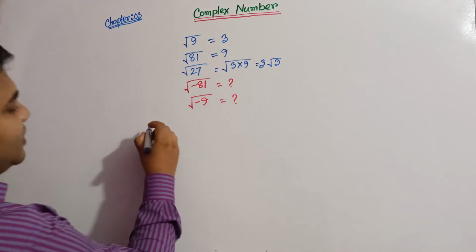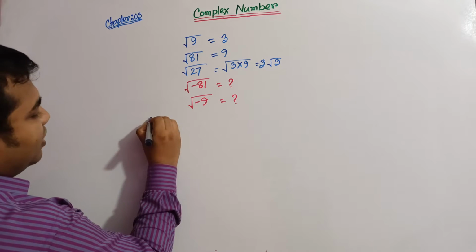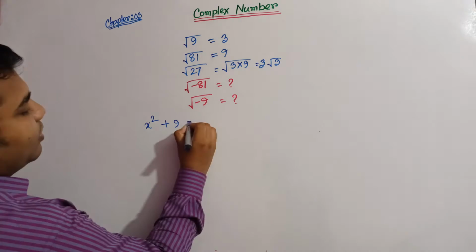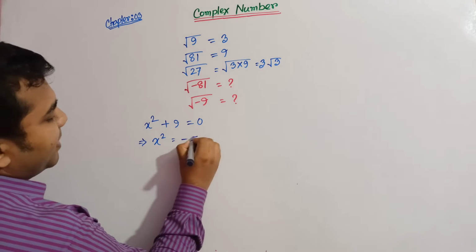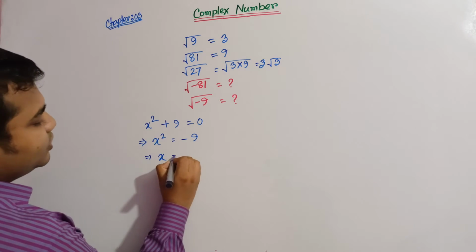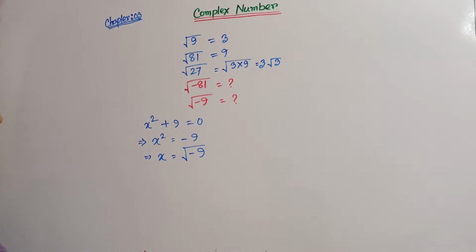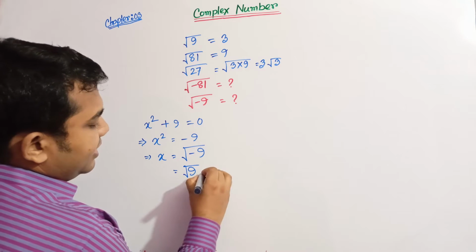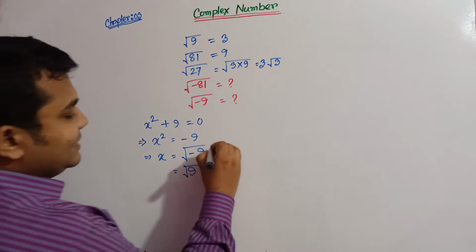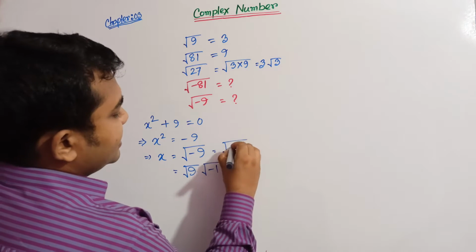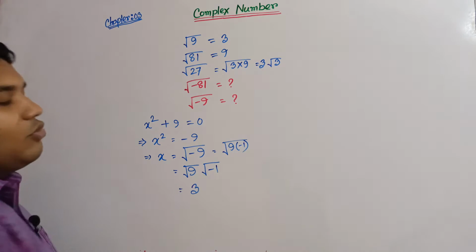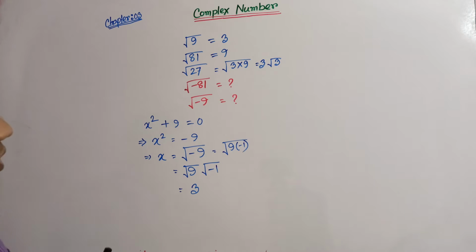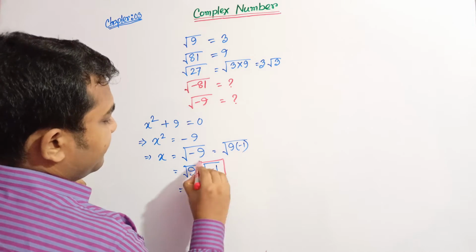So if I ask you to solve x square plus 9 equals 0, then you may say yes, x squared should be minus 9, then x should be root over minus 9, and that is root over 9 into root over minus 1, since we can write minus 9 as 9 into minus 1, and from here we get 3 and root over minus 1. This is the part which is denoted by i.